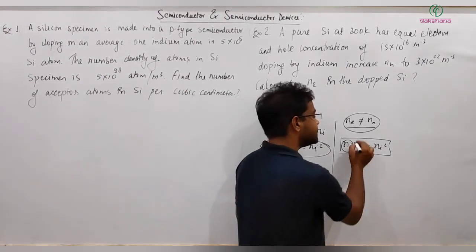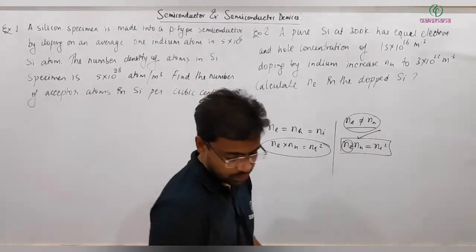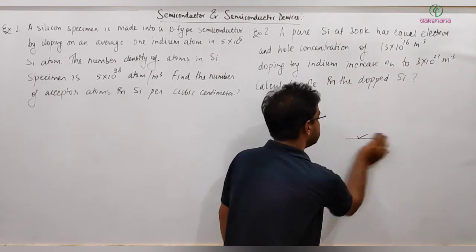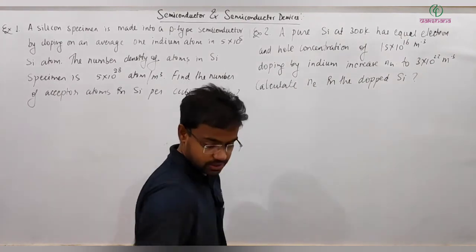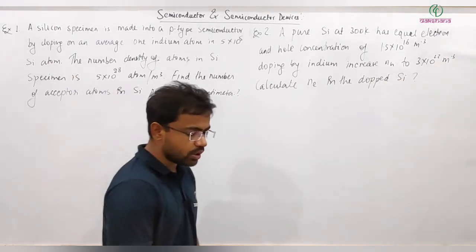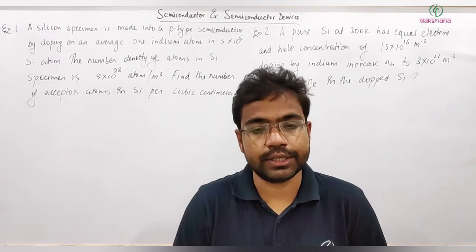Remember that. This relation still holds in the case of p-type and n-type semiconductors. So we can see some small application of these same things, and then we will continue with the topic.